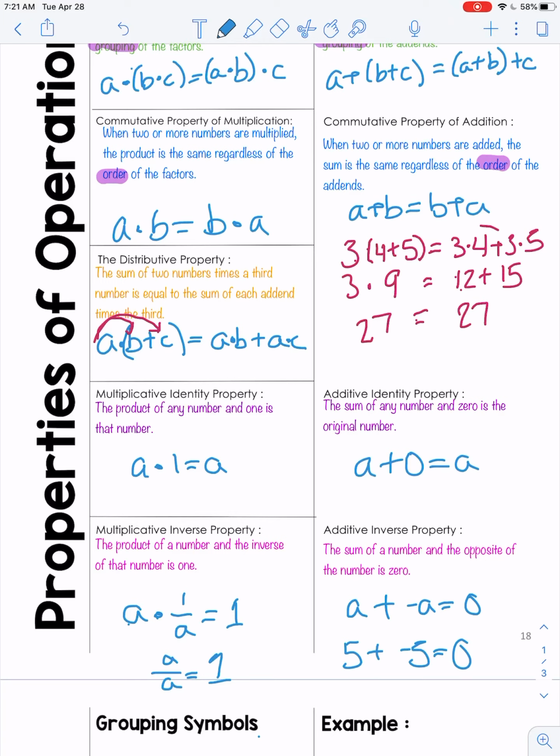They are what we use to help us simplify and solve equations in math. So they will become handy in our next chapter, and we will be using them today to practice identifying them.